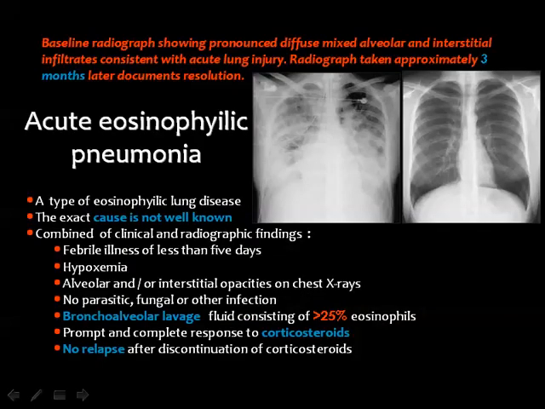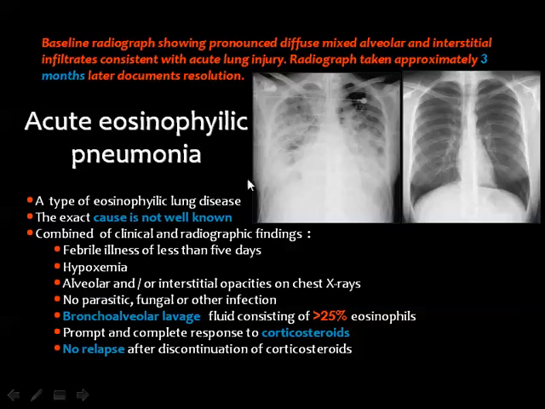Then we come to this type of pneumonia, which is very important to know. The presentation is acute, and you see many opacities in the lung, similar to the previously mentioned one. But there are some specific points that can lead you to the correct diagnosis.